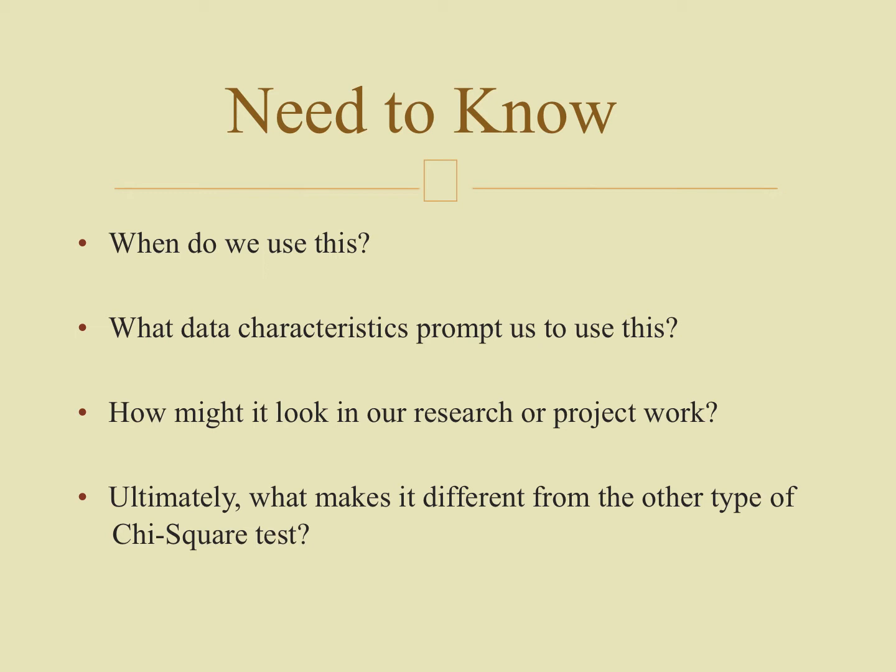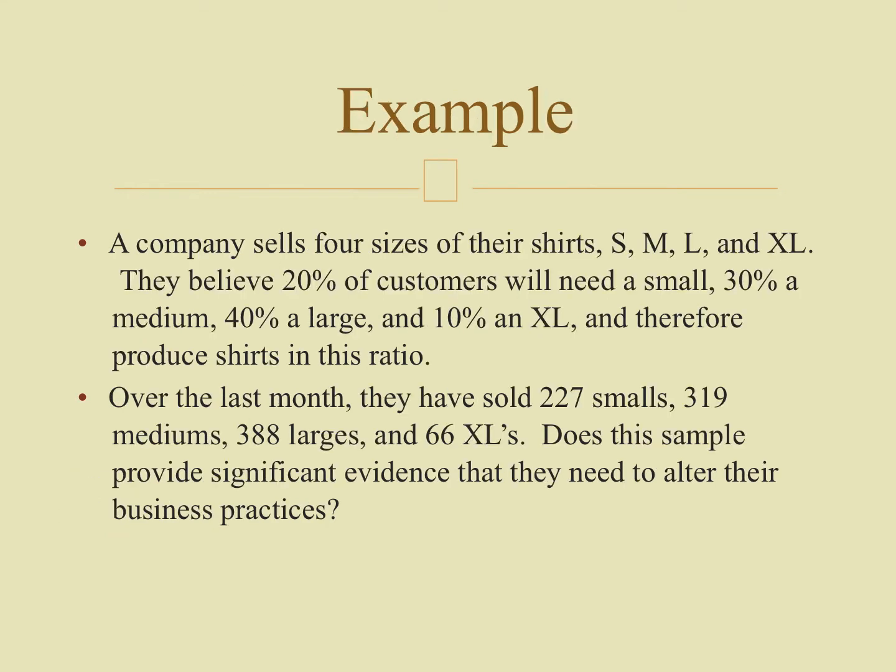How might it look in our own research or project work? If you can break down customer reviews into a positive tone versus a neutral tone versus a negative tone, those would be categorical variables, and we'd list how many fit into each one of those. Eventually we'll talk about what makes it different than the other type of chi-square test.